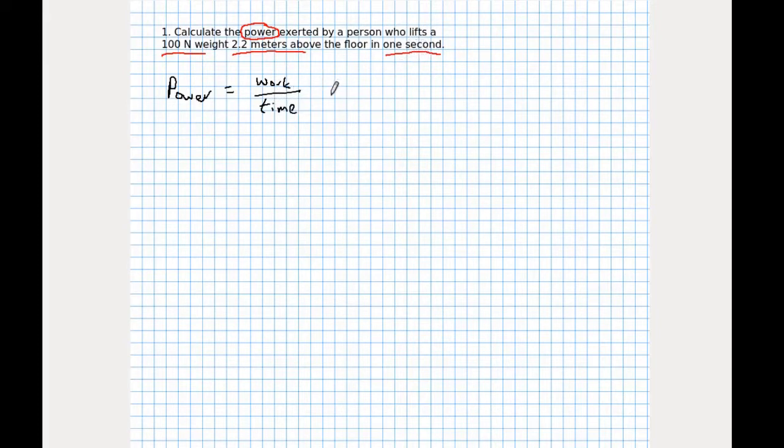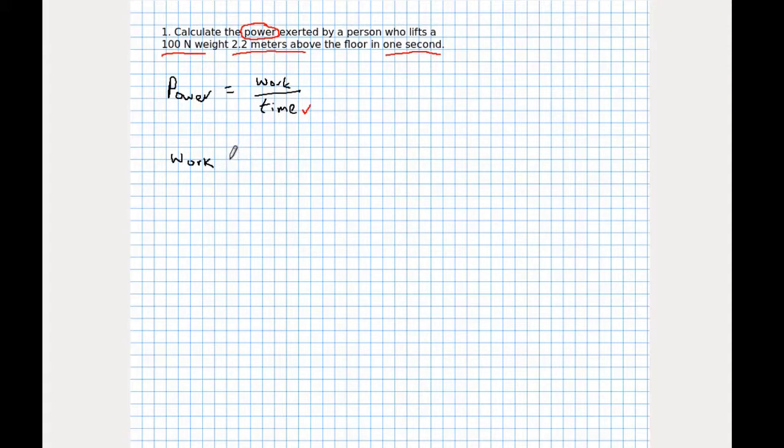Do I know how much work is done in lifting that object up? Okay, so I'm going to put some check marks in here. I know the time, that's the 1 second, but I don't know the work. So let's figure that out. Work would be the amount of energy that is expended in lifting that 100 Newton weight by 2.2 meters.